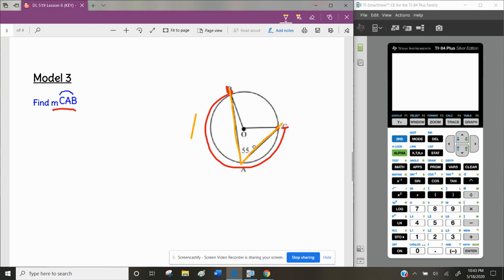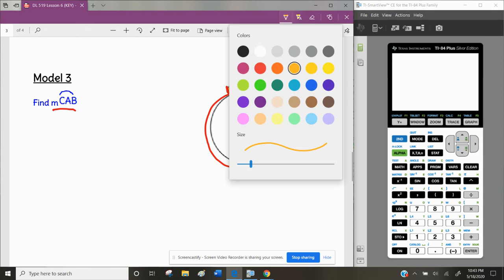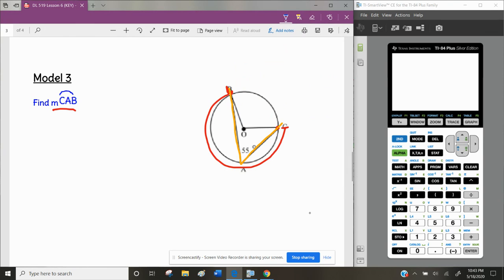Right, so I want to find the intercepted arc CAB and how many degrees that is, and I am given an inscribed angle of 55 degrees. So the intercepted arc BC of this angle would be double that angle A. We know the measure of angle CAB is going to be half of the measure of the intercepted arc CB.